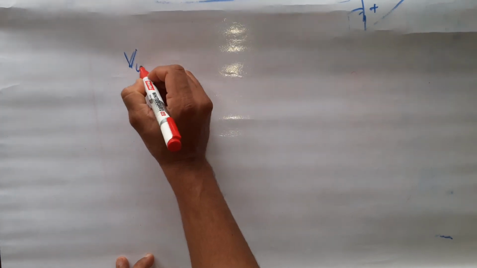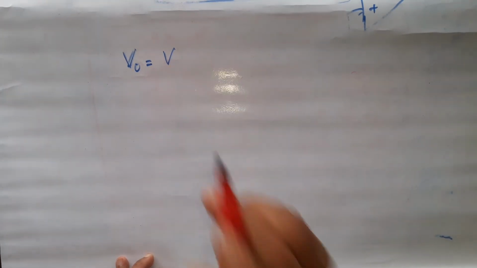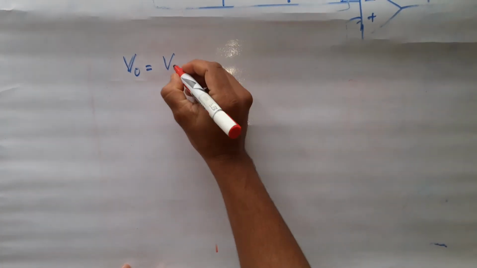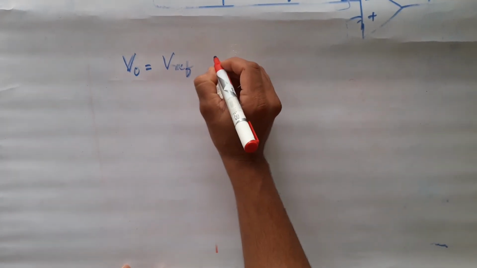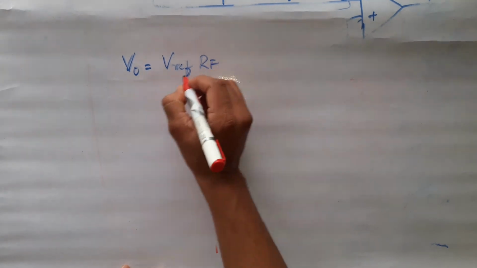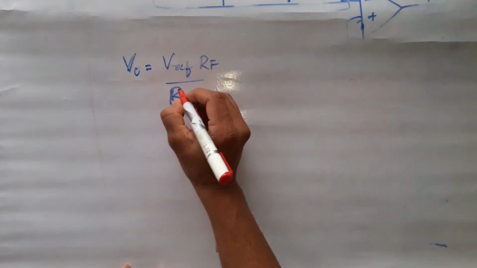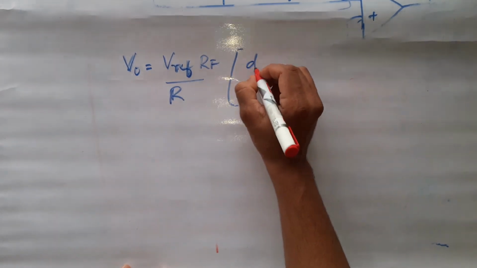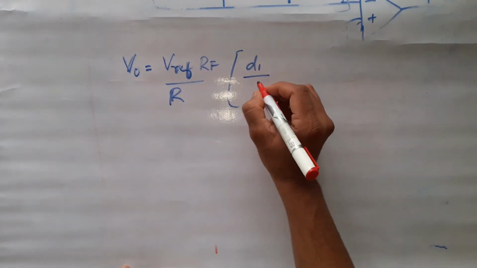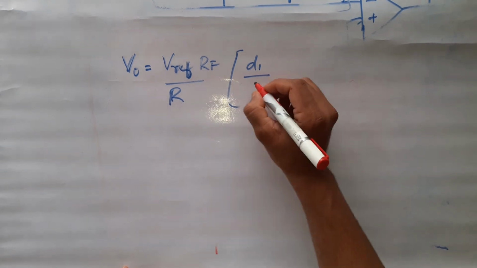For 3 bit, we write like this: V reference into RF divided by R, where R is your R equivalent. This is for your bits.